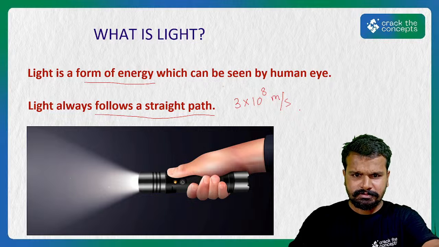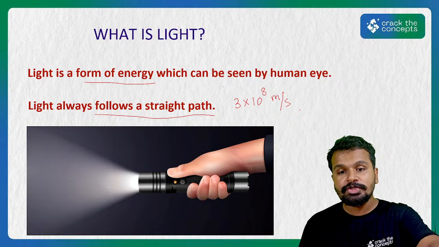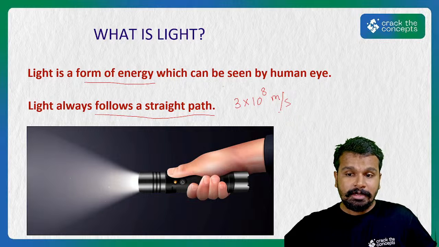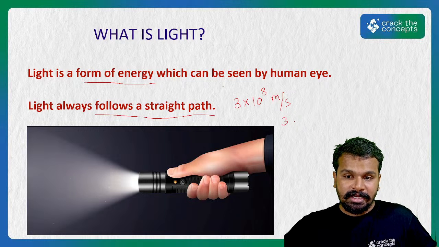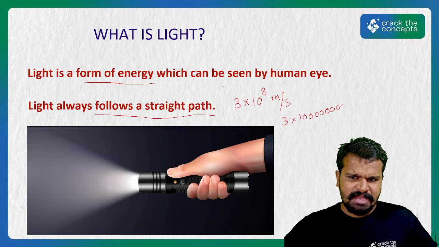You have to understand that the speed of light is 3 into 10 raised to 8 meter per second. What does it mean? 10 raised to 8 means there will be 8 zeros: 1, 2, 3, 4, 5, 6, 7, 8.